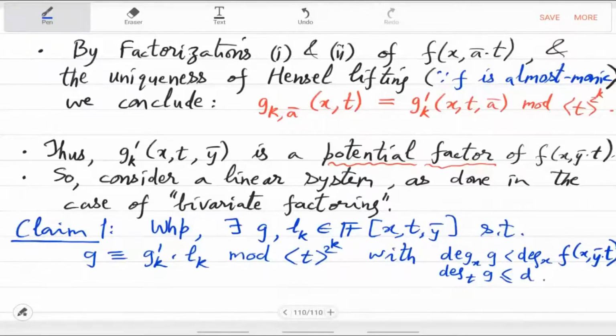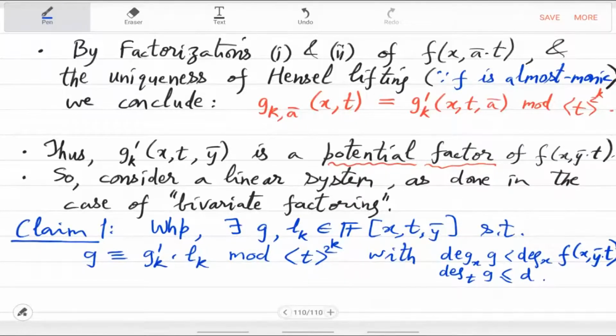Okay, this is natural, it is intuitive because, just like in the case of bivariate factoring, we hope that this gk prime will be associated via multiplication to a factor g of f x comma y bar t.